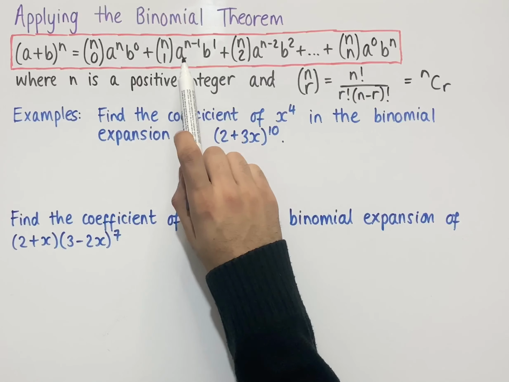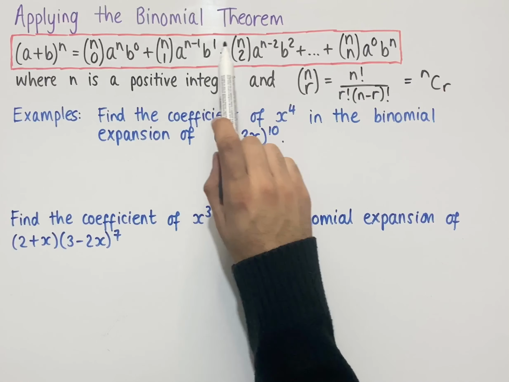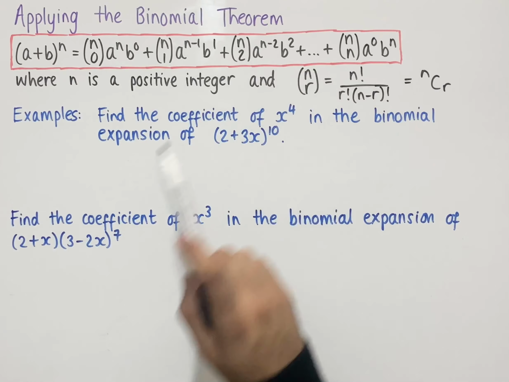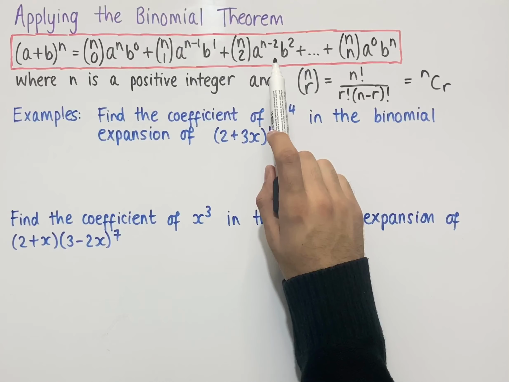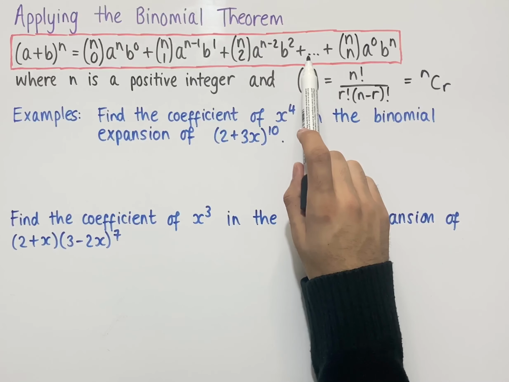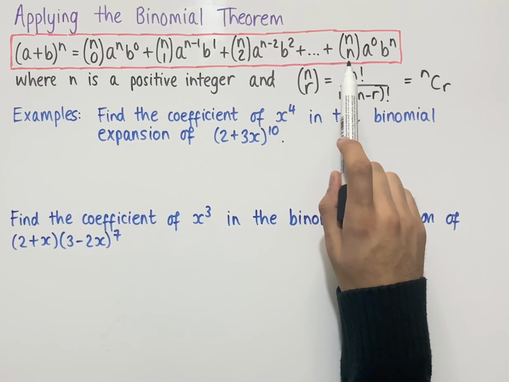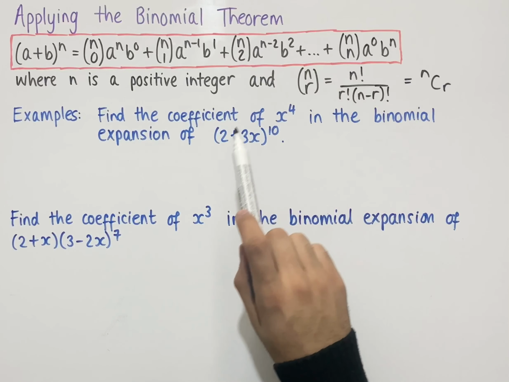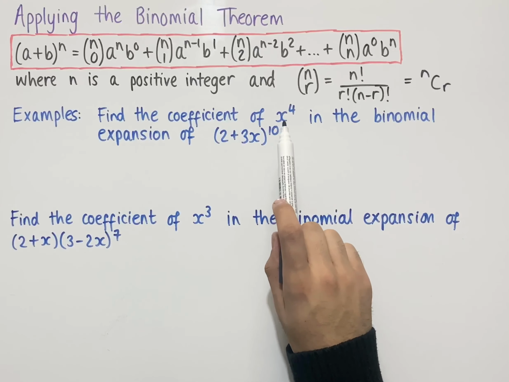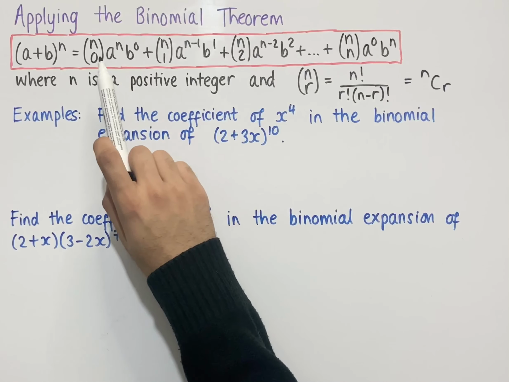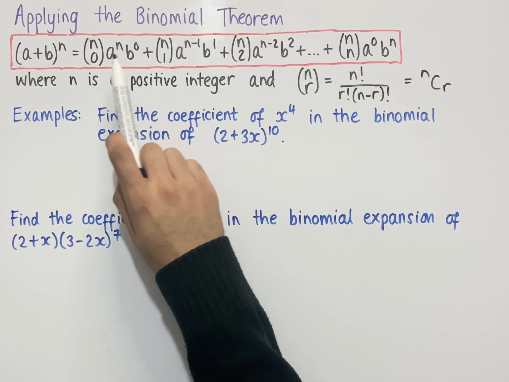In the second term, b has a power of 1. In the third term, b has a power of 2, and so on. So in the next term, b would have a power of 3, and in the term after that, b would have a power of 4. That is the term that we would require to get a term that has x to the power of 4 within it.